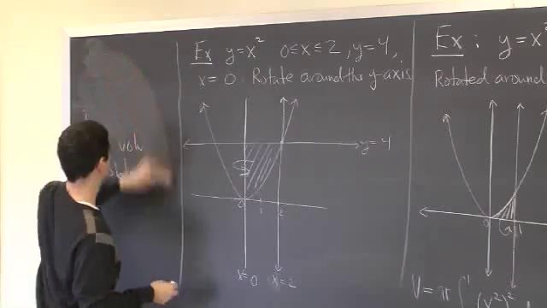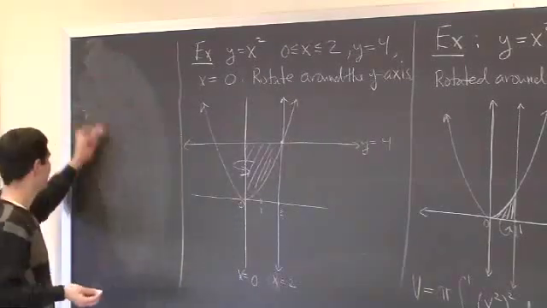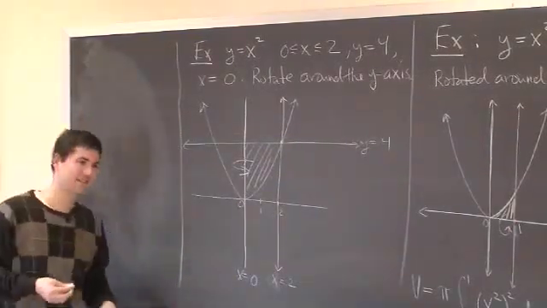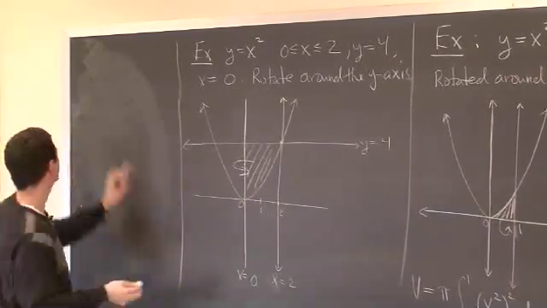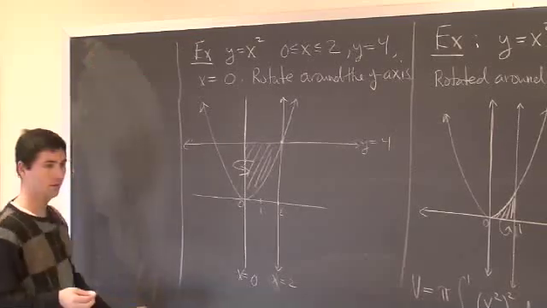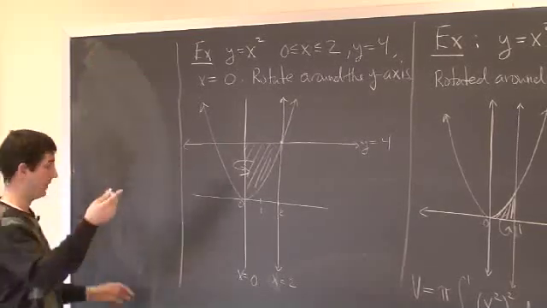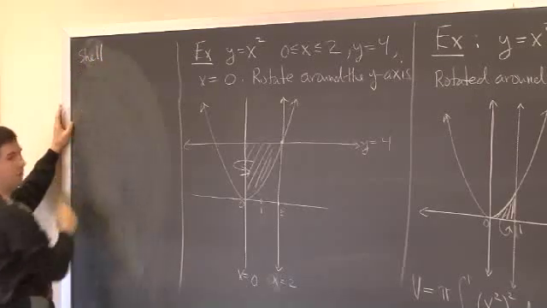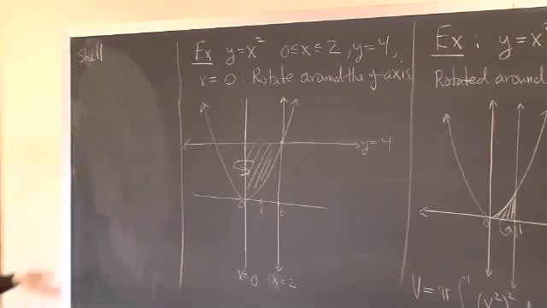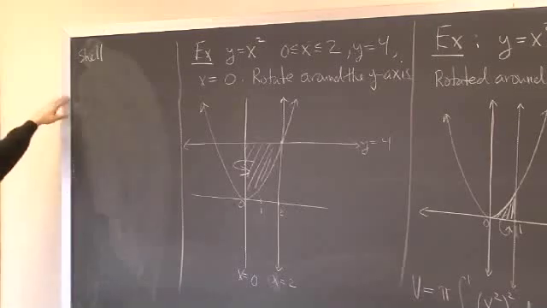Let's try both ways. Somebody's got to be right. One of the two at least is right. So, okay, what should we try first, disk or shell? Shell? Okay. Choose the wrong one. Well, let's try shell.